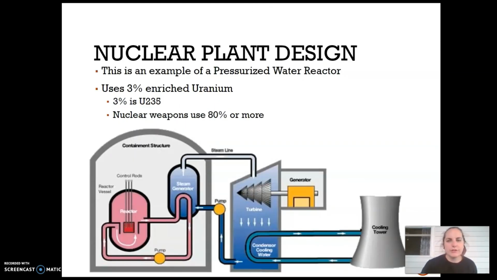So with our nuclear power plant design, and again, you'll learn a little bit more about this within our classwork itself, this is an example of a pressurized water reactor. It uses 3% enriched uranium, which is like 3% U-235, and nuclear weapons actually use about 80% or more.